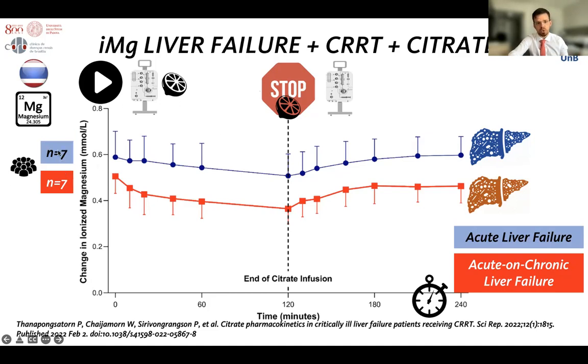In the vertical axis, we have the change in ionized magnesium. The study included 7 patients with acute liver failure and 7 patients with acute on chronic liver failure. From baseline, it was demonstrated that patients with acute on chronic liver failure had a reduced concentration of ionized magnesium, around 0.5.